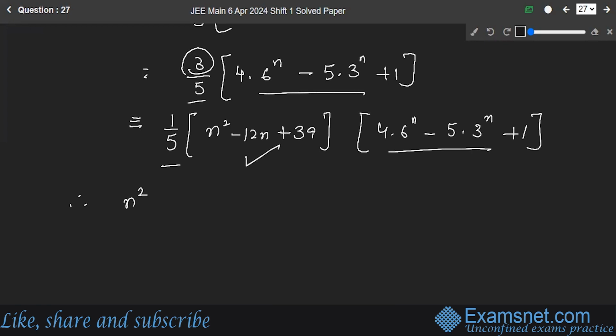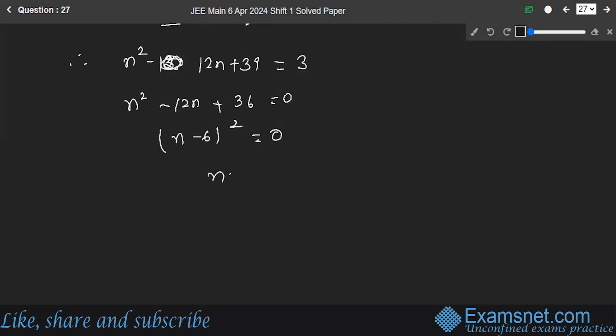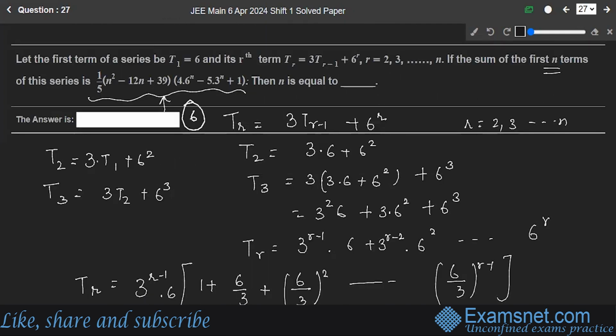Therefore, n square minus 12n plus 39 is equal to 3, or n square minus 12n plus 36 is equal to 0, which is the perfect square of n minus 6. This gives me n is equal to 6. This is what we needed to find out in the question. We needed to find the value of n, and that comes out to be 6. Hope you got that. Let's move to the next question.